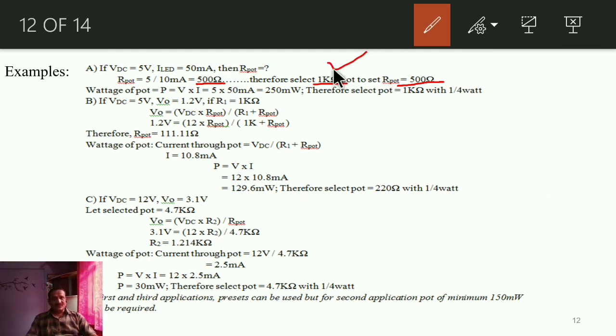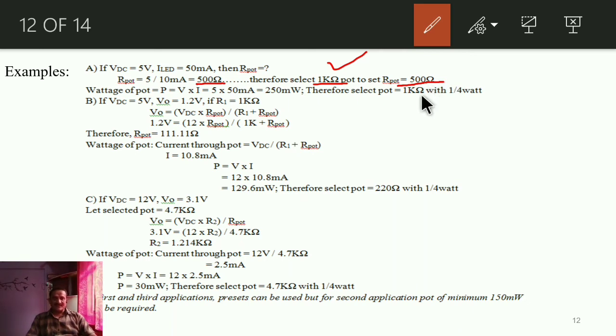Now that 1 kilo ohm potentiometer will be available in different sizes, and according to our previous discussion, the size changes according to power handling capacity. That means that 1 kilo ohm potentiometer may be available as a trimmer, that is PCB mountable form, or regular purpose potentiometers, or even a rheostat. But here we can easily say there is no need of a 1 kilo ohm rheostat.